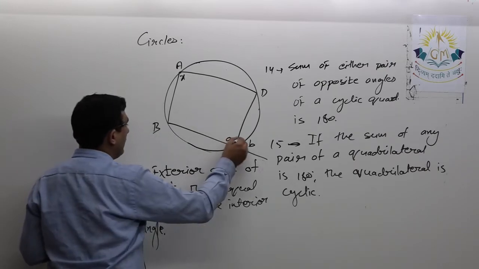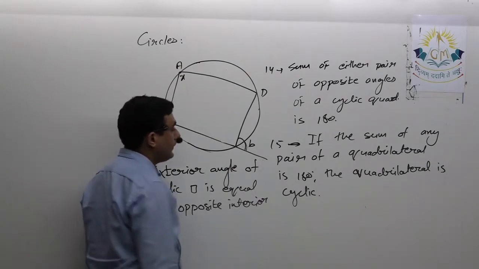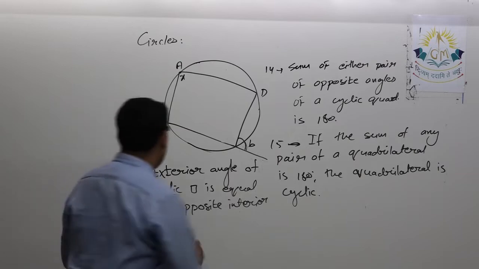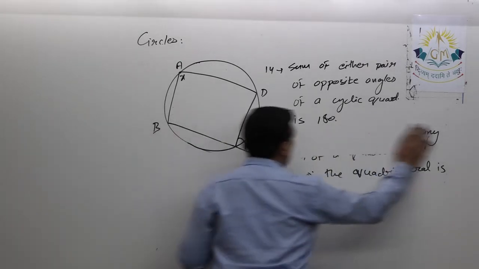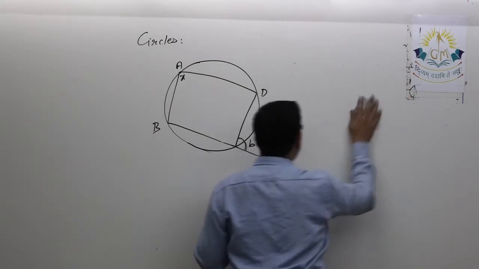Okay. Exterior angle of a cyclic quadrilateral is equal to its opposite interior angle. So now two more theorems left which are again related to the cyclic quadrilateral only. So let us see those two theorems as well.